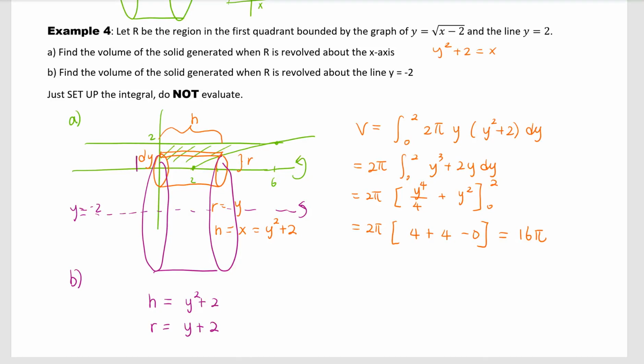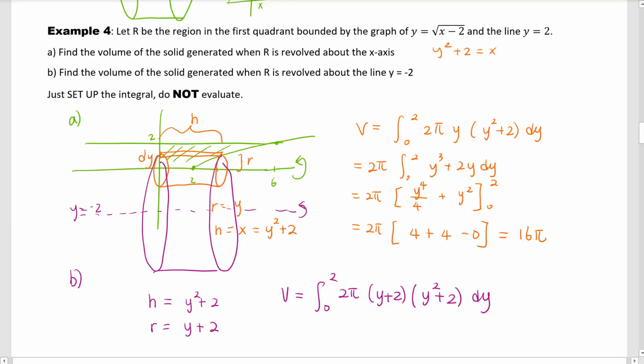This is y, and then you add 2. So this is my r. And so my volume is the integral from 0 to 2 of 2 pi, my r is y plus 2, my h is y squared plus 2, dy. We just need to set up, and that's it. So far, so good, everybody.